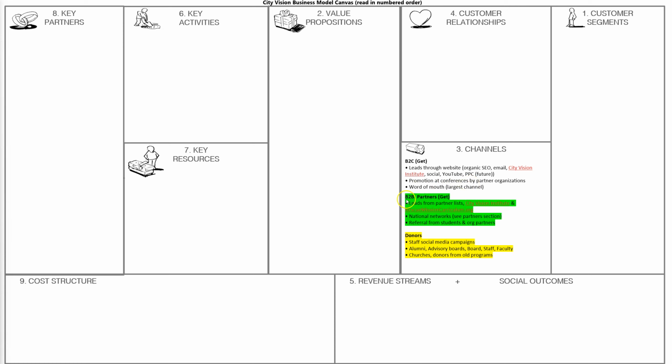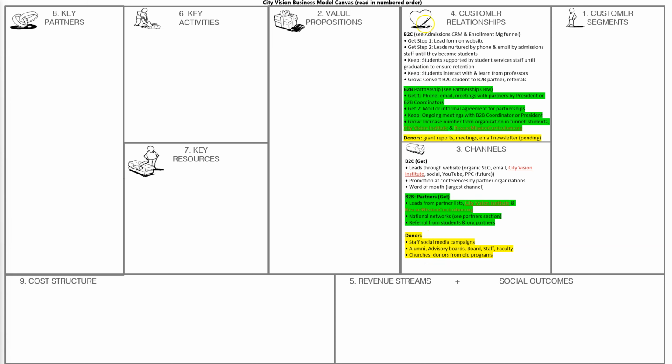And then we get leads from partners through lists. We have national networks. Then we get referrals from students, and then we get donors from various sources. Now, with customer relationships, we have an admissions customer relationship management system.